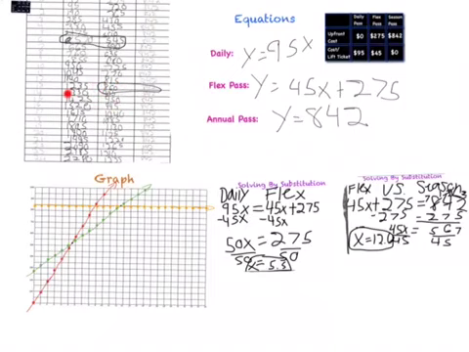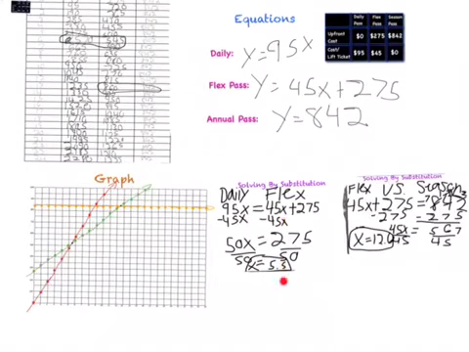And that's about 12 days, 12.6 or 13. And the same applies here, because it passes here at 5.5. That's when the Flex and the daily pass come together to make the Flex Pass less money. And same with here, as the Flex Pass and the Season Pass intersect here, and that states that the Season Pass will be less money than the Flex Pass at 12.6 days or 13 or 12.